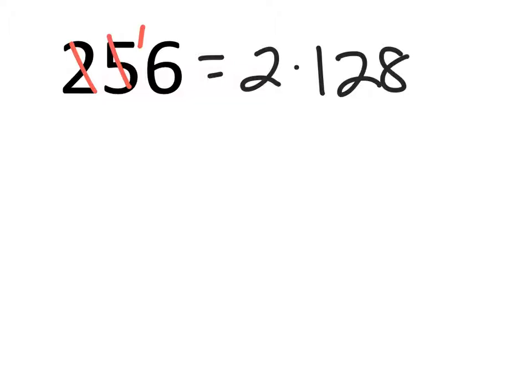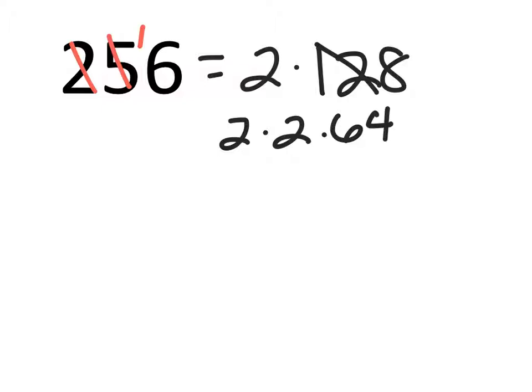Okay? I'm going to do that again. 128 I can split in half. So 2 times 2. I'm taking the 2 out of this 128. 2 can't go into 1. 2 can go into 12 6 times. And I don't have anything left over. And 2 can go into 8 4 times.